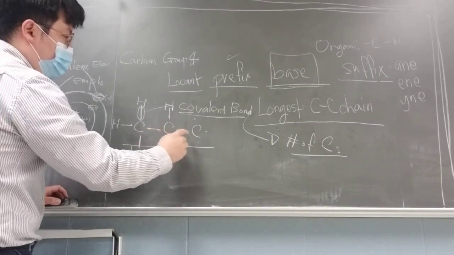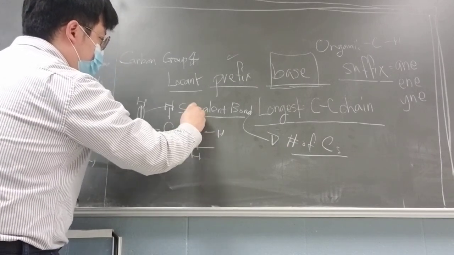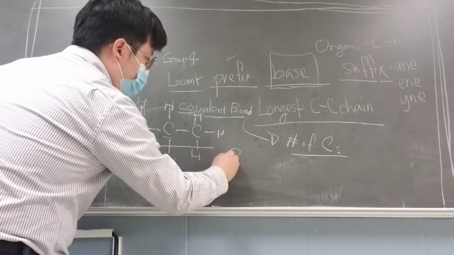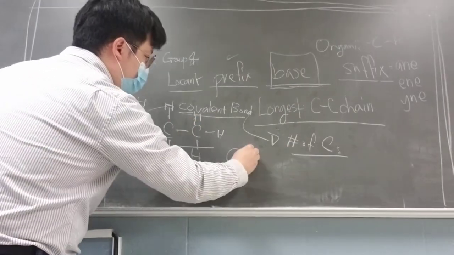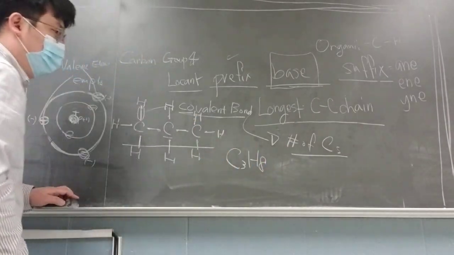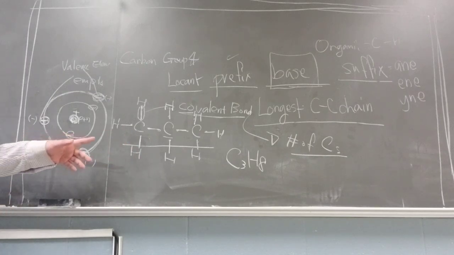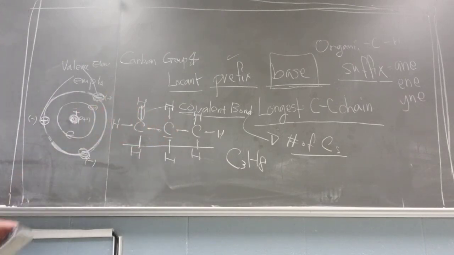So 1, 2, 3, 4. 1, 2, 3, 4 as well. So we have 3 carbons, and if you count the hydrogens on all the carbons, it's 8 right there. So this is the organic compound chemical formula we get by simply filling the carbons with hydrogens. We good, right?